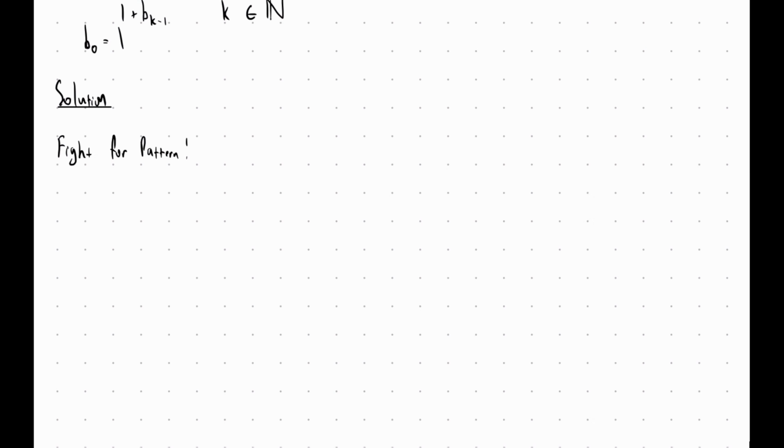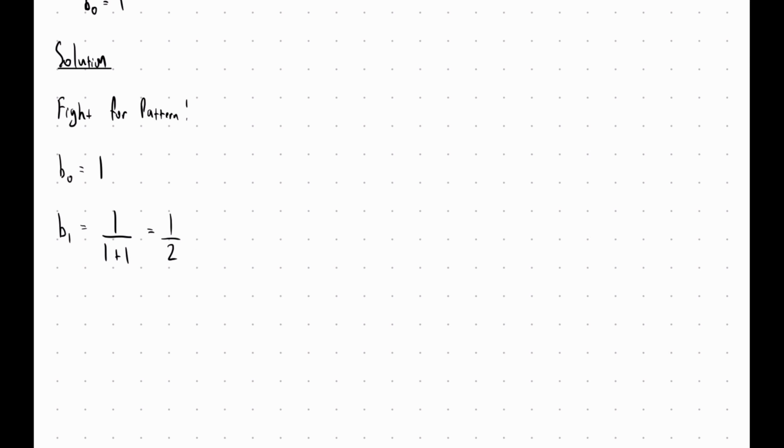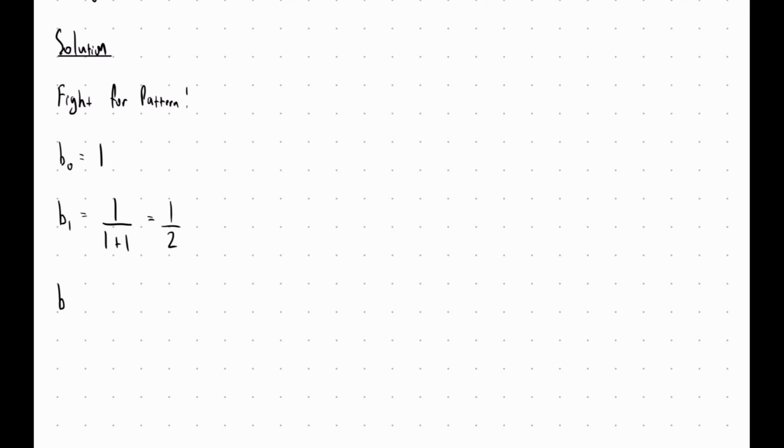Let's get B_2. B_2 is 1/2 over 1 plus 1/2. But that is equal to, here's where it becomes easy, 1/2 over 3/2. And that becomes 1/3.